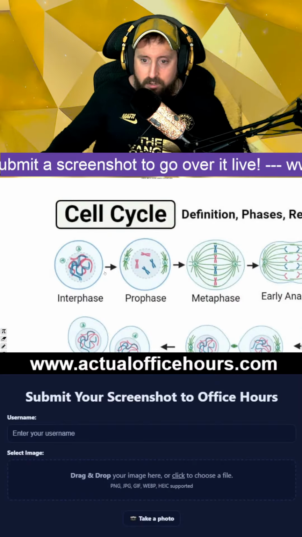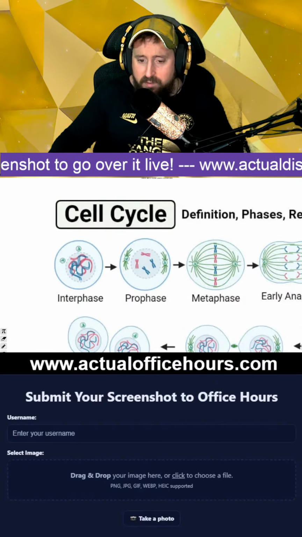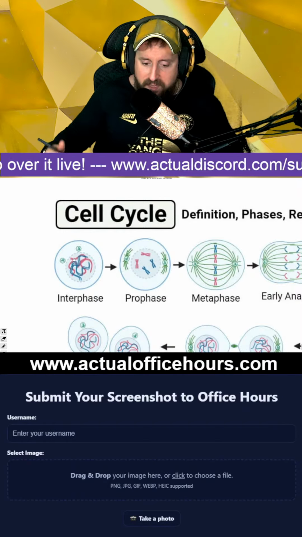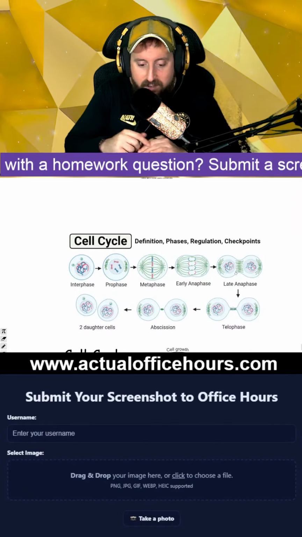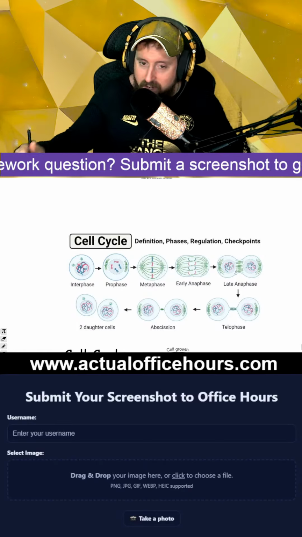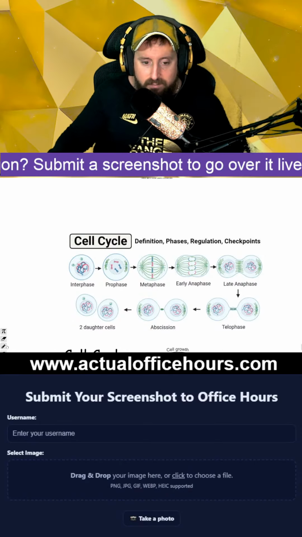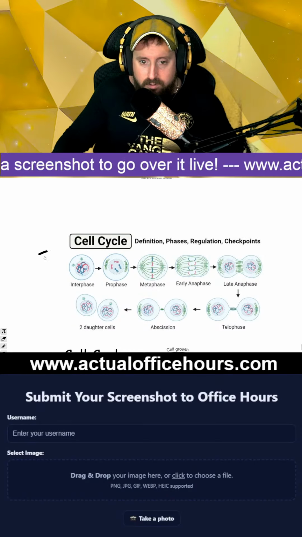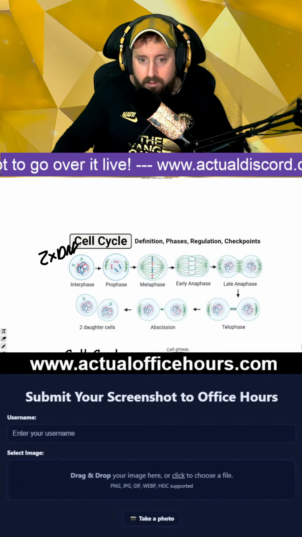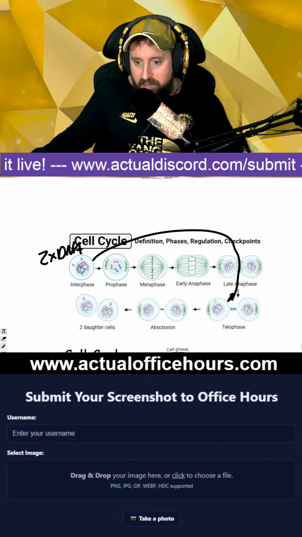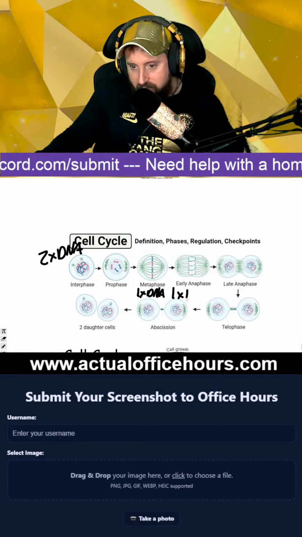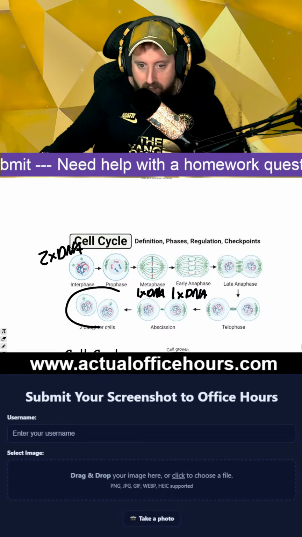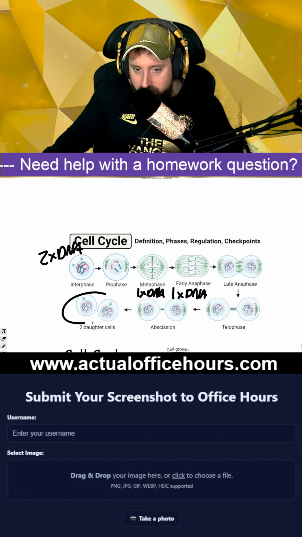So in interphase, the DNA within the cell, when it gets split in half again, doesn't have half the DNA, right? So think about here, this has 2 times the DNA. And then it splits here. So this is 1 DNA, and this is another 1 DNA, and then the cells are born.